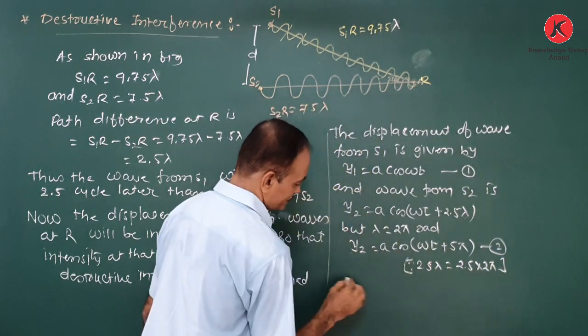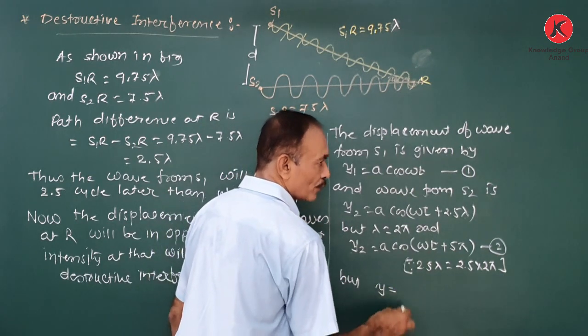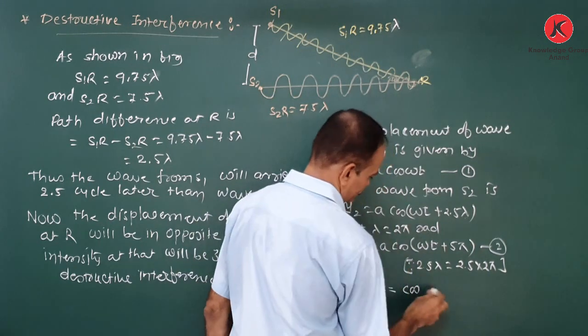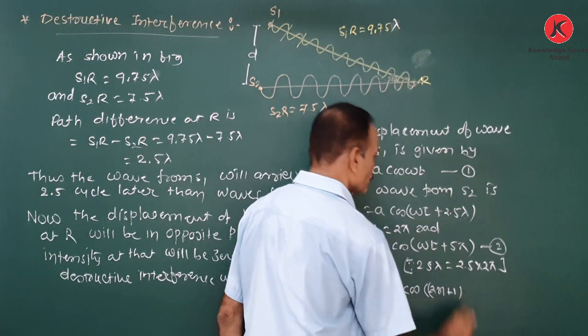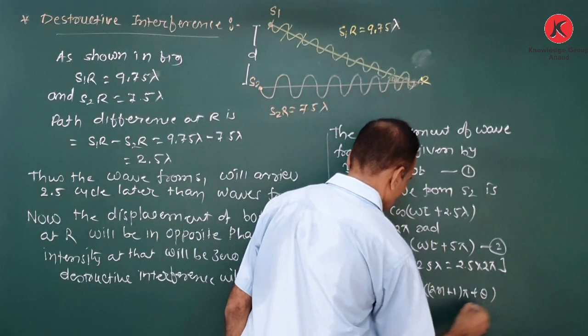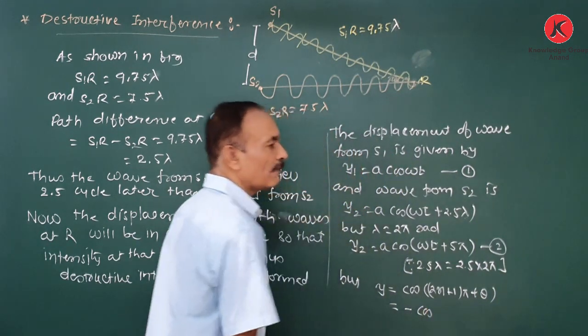Now, we know that cos of (2n plus 1) into pi plus theta is equal to minus cos theta.